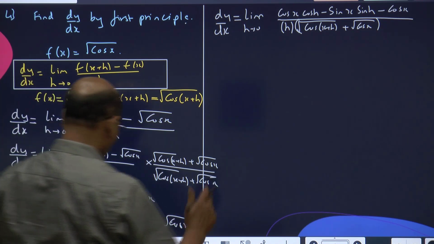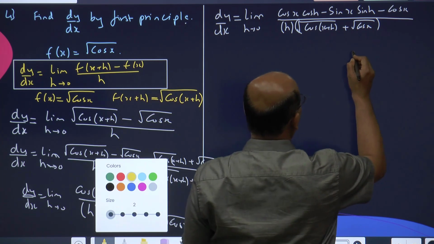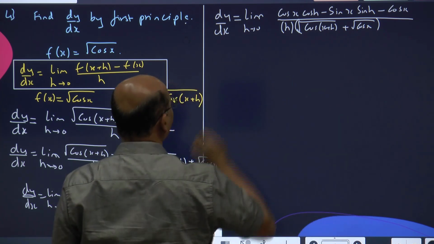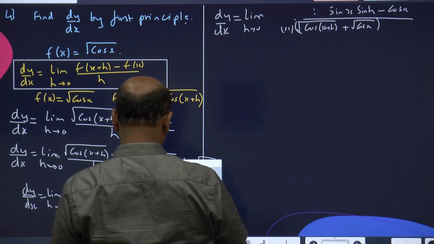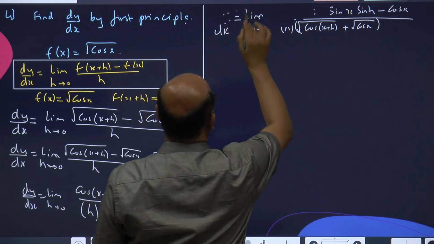I can apply cos c minus cos d. Anybody can tell me what is the formula for cos c minus cos d? I will not follow the earlier approach because I am not able to simplify further.